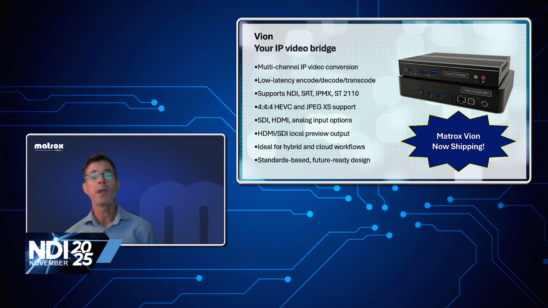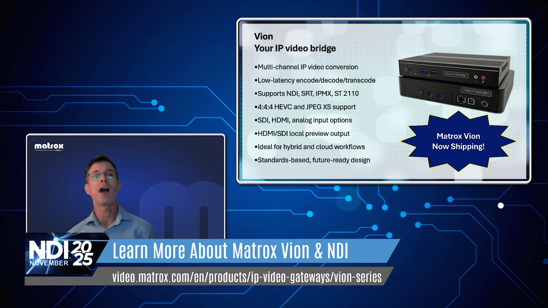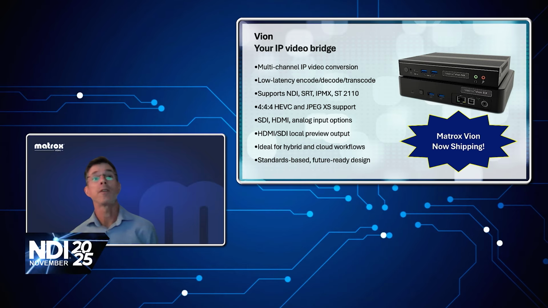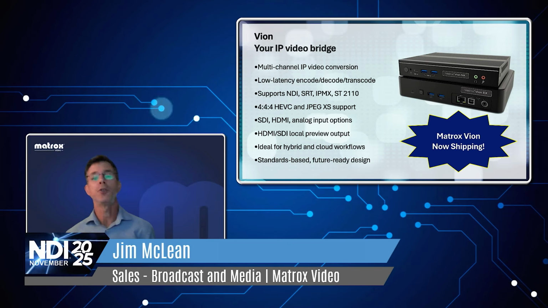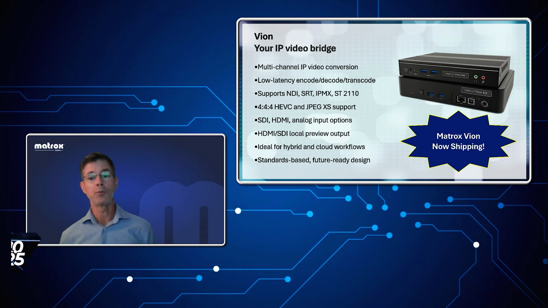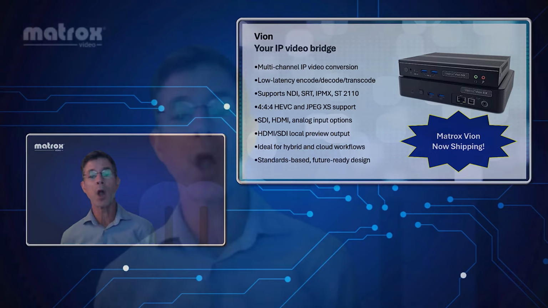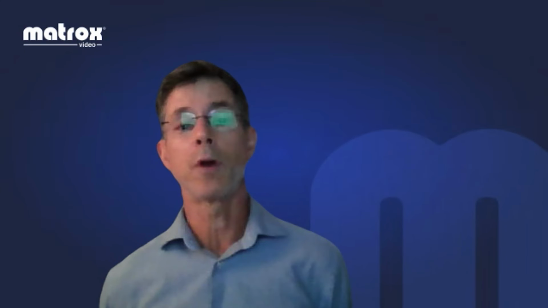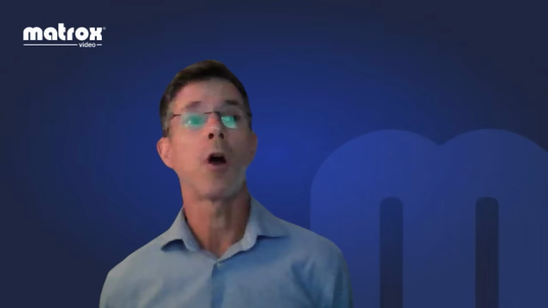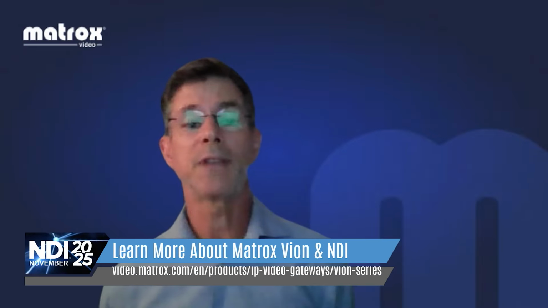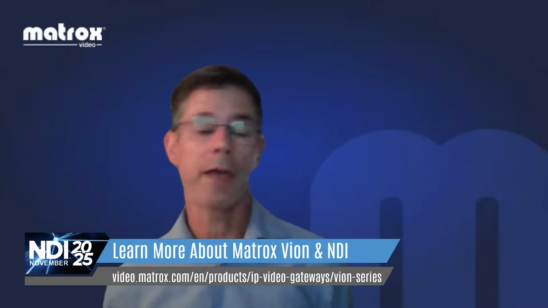Instead of being locked into a single IP standard or even multiple IP islands, Vion is part of the critical infrastructure needed to convert, process, and distribute high-quality video. And relative to really why we're here, NDI November, NDI is obviously one of those IP formats, along with 2110, SDI, and others.